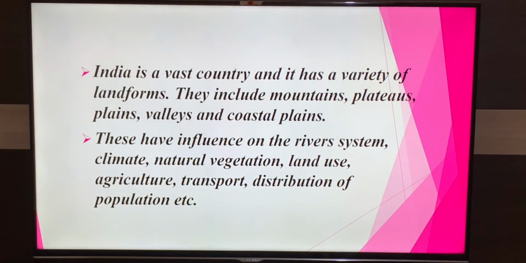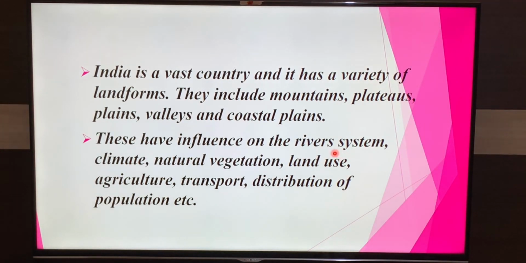These have influenced the river system, climate, natural vegetation, land use, agriculture, transportation, distribution of population, etc. So these are the factors which have influenced the different types of landform in India.